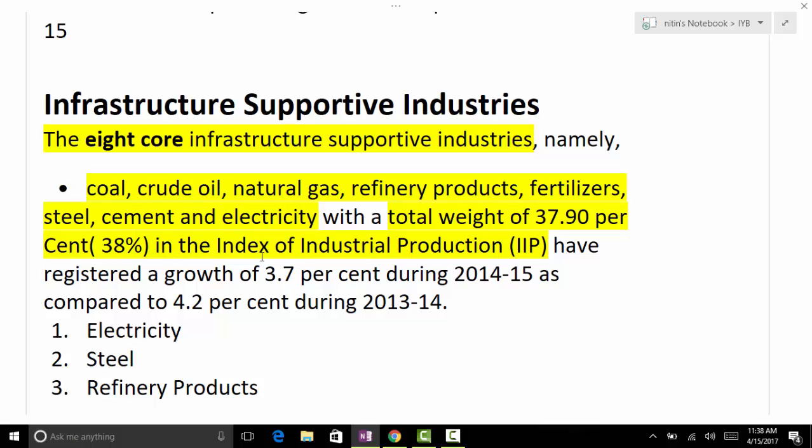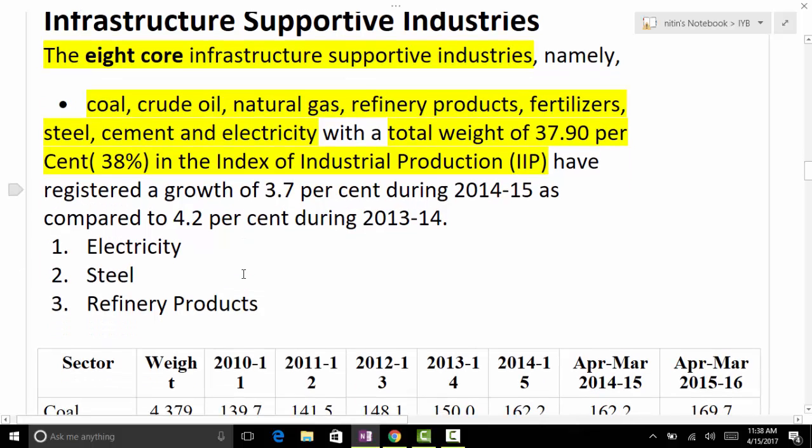The question has been asked in the past, in 15 also and in earlier times as well, directly: which of the following are the core industries? So you should have an exact idea what those 8 core industries are. Go through them, remember them. Coal, crude oil, natural gas, refinery products, fertilizers, steel, cement, and electricity.